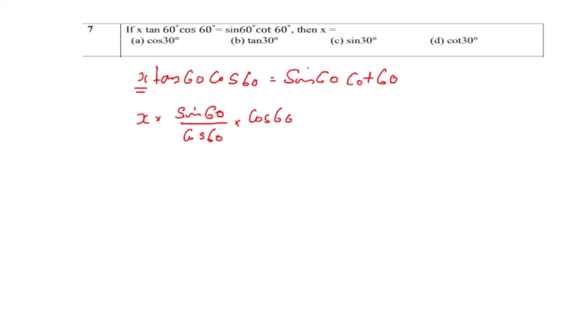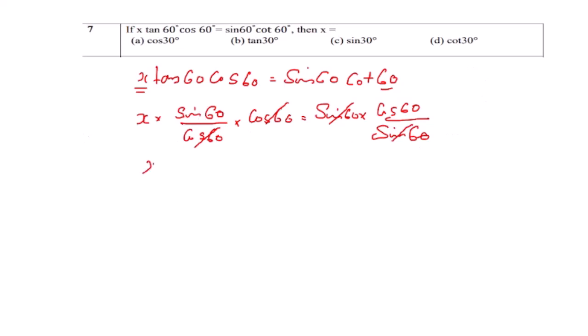That is equal to sin 60 into, again we have to change cot 60 as cos 60 divided by sin 60, because cot theta is cos theta by sin theta. So cot 60 is cos 60 by sin 60. Now cos 60 here in the denominator and here it is in the numerator, so it gets cancelled. Now sin 60 into sin 60, this is also cancelled.